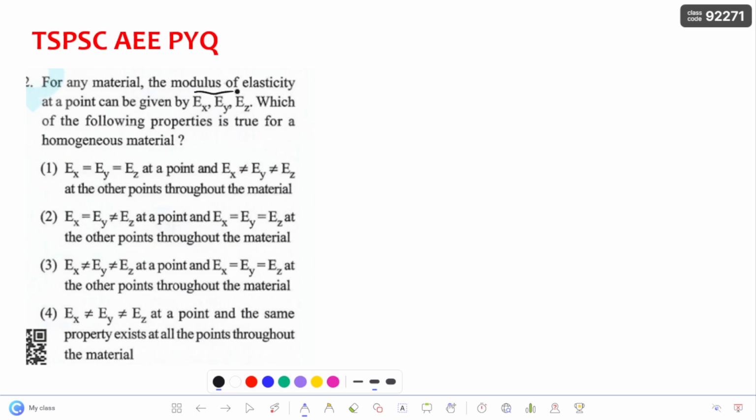For any material, the modulus of elasticity at a point can be given by Ex, Ey, and Ez. Which of the following properties is true for a homogeneous material? I already explained to you what we mean by homogeneous. Homogeneous is nothing but if you take a body, at all points the properties should be the same. But coming to isotropy, isotropy speaks about only a single point.